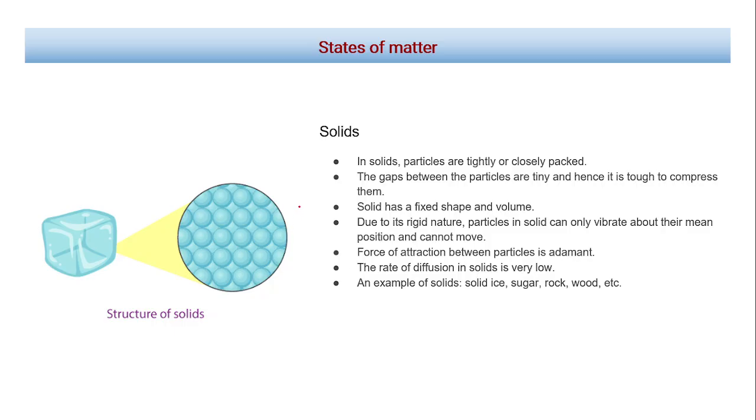So solids, as we know, like here, for example, we have an ice cube. We know if we hold, although ice maybe is not a good example, but say I have a stone in my hand, some shape of stone. I know it's rigid.